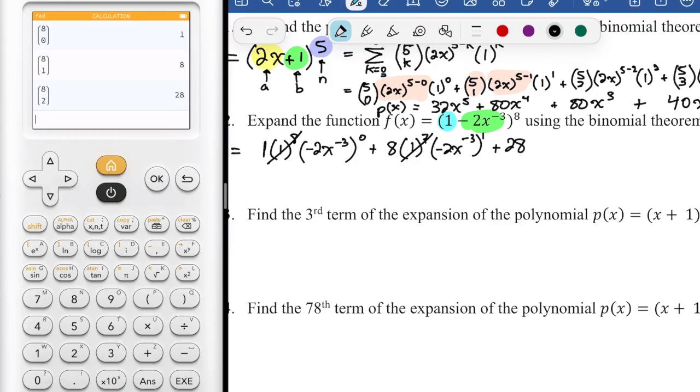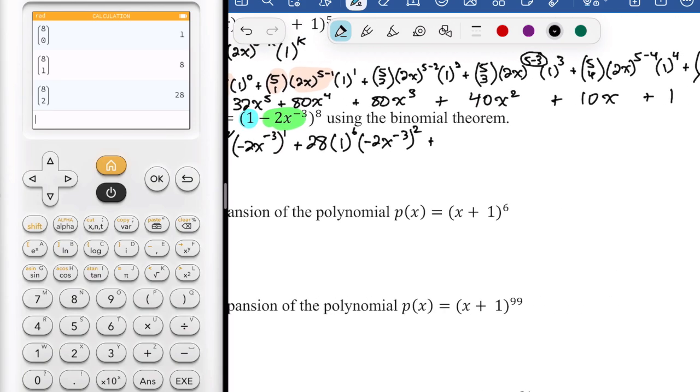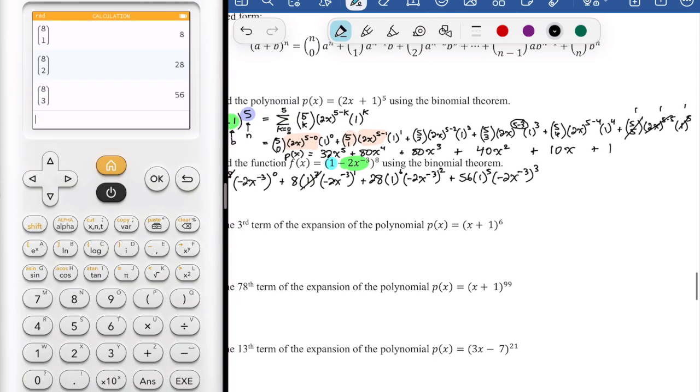So 28, 1 to the 6th, negative 2x to the negative 3rd to the 2nd, plus, do it again, 56, 1 to the 5th, negative 2x to the negative 3rd to the 3rd. As long as your exponents add to 8, you can be reasonably sure that you're not messing the whole thing up, but, you know, just be careful anyway.